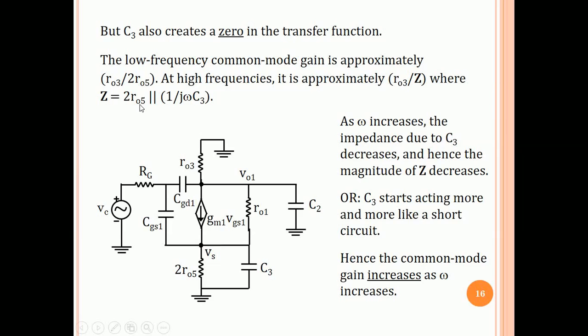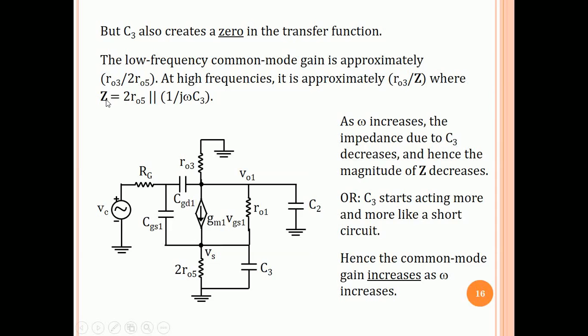Therefore, for the parallel combination of RO5 and 1 over j omega C3, as frequency increases, the impedance due to C3 dominates, and the overall impedance Z, its magnitude decreases as omega increases.